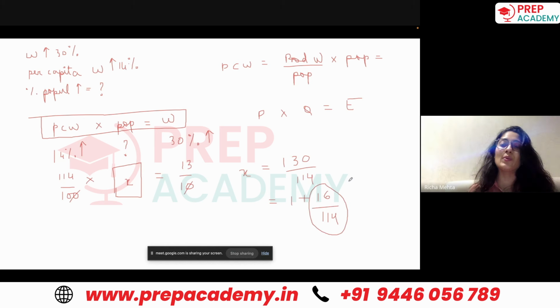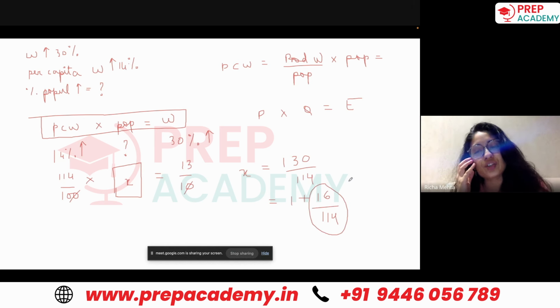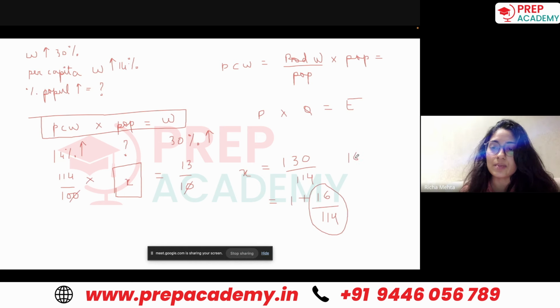So my population has increased by this much percentage. So what is the equivalent percentage? If I just have to calculate it manually, 16 upon 114. If I have to convert into percentage, I'll have to multiply this fraction by 100. Let us try to reduce wherever possible. 2 eights are 16, 2 fives are 10 and 2 sevens are 14.